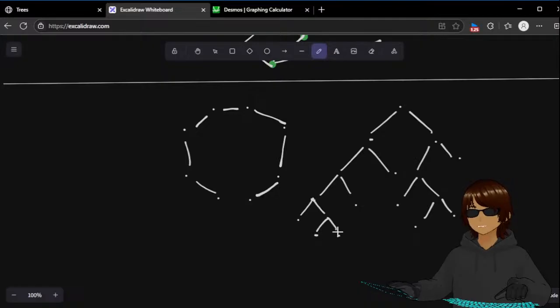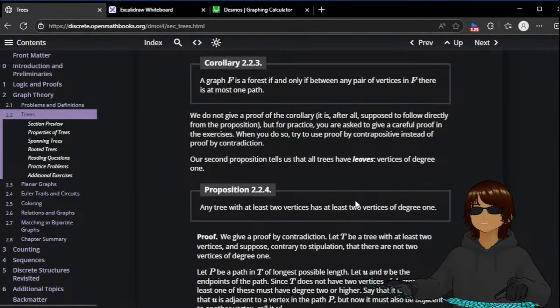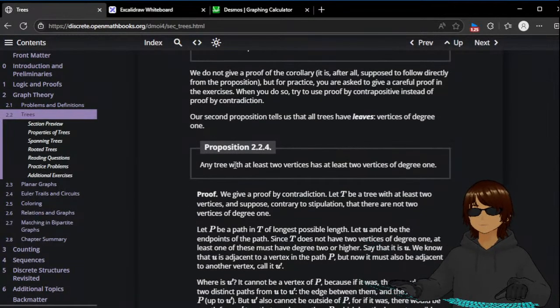These vertices have a degree of 1, but no matter how many more edges I add, the leaf vertices at the end will have only degree 1, right? Yeah, so if there are only two vertices, both of them are degree 1. With more than two, these two have degree 1 and so on. So there will be at least two vertices of degree 1. Any tree with at least two vertices has at least two vertices of degree 1.